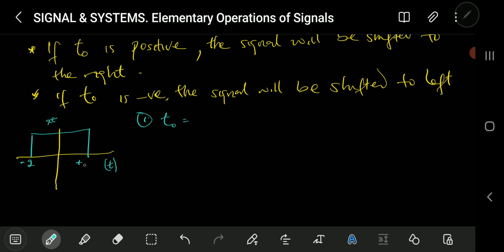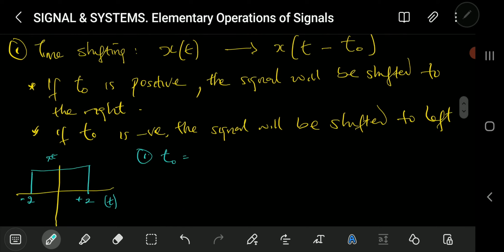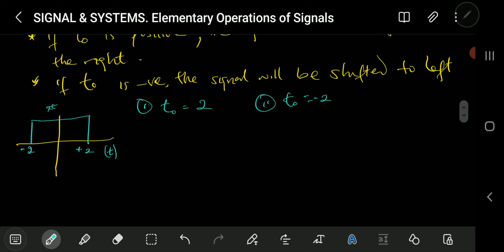Don't forget we are talking about time shifting. This is the main signal itself. So if our t naught is 2, we are going to have x of t minus 2.